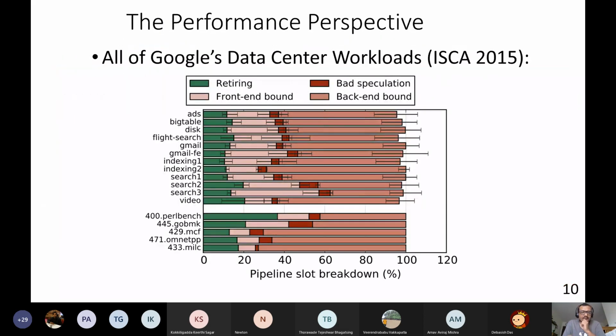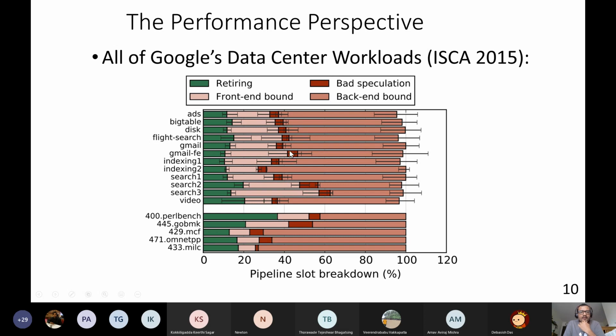I'll slightly digress and try to pitch a different way of looking at memory, and the communication between the computation and the memory. This is something from Google data center workloads. You can find Gmail, different search workloads, and so on. It's a pretty common chart that we have seen even last week.